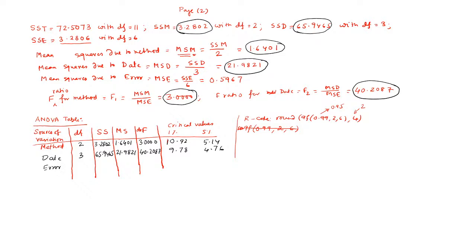The error has degrees of freedom 6, SS is 3.2806, and MSE is 0.5467. Total degrees of freedom is 11, and SS is 72.5073. This is the ANOVA table.